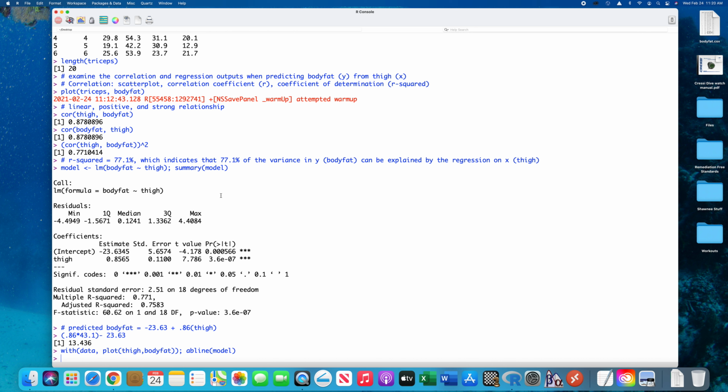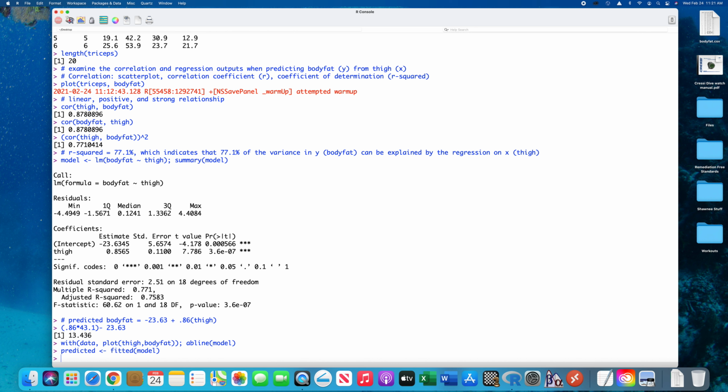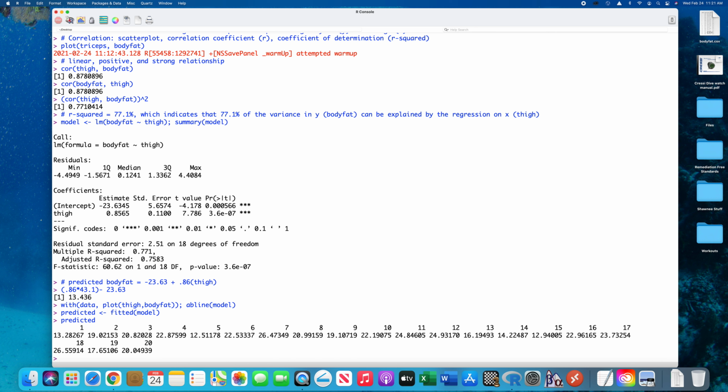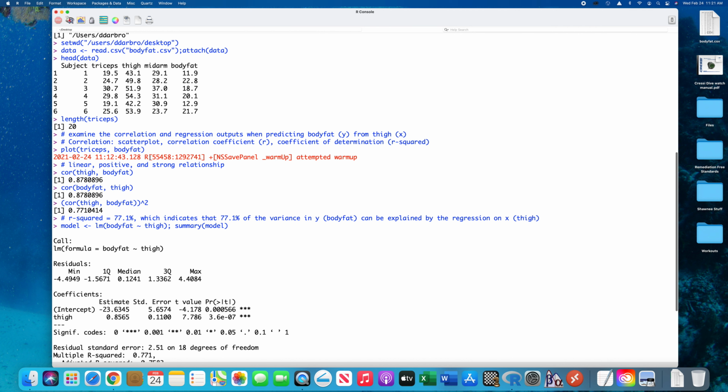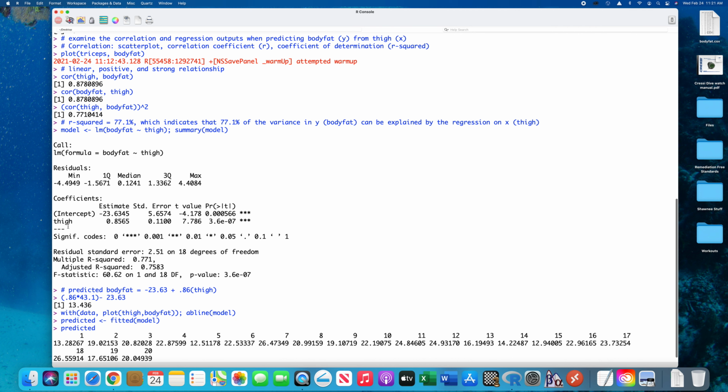All right, the next thing I want to do is get the predicted values for all the cases, and I can do that using fitted. If I get the fitted of my model, what I'm actually getting are the predicted values. And I like to save them. We determined above that the predicted was 13.436.